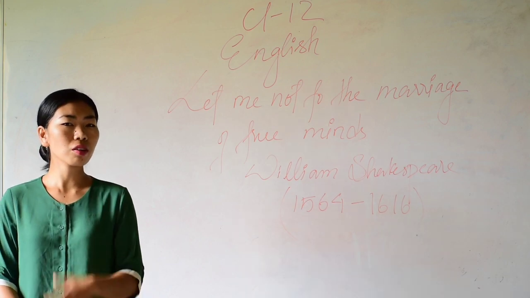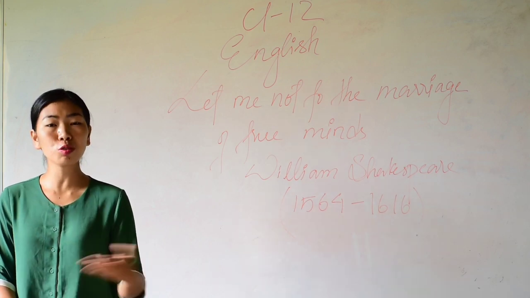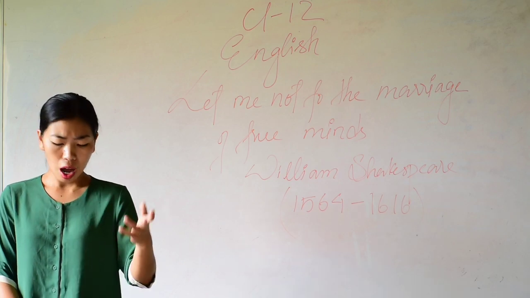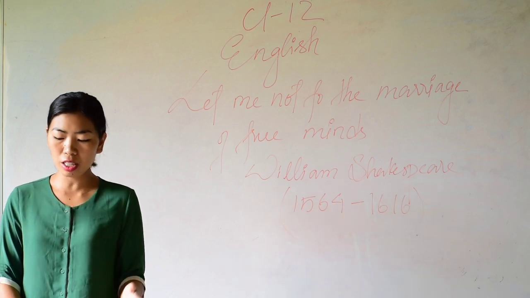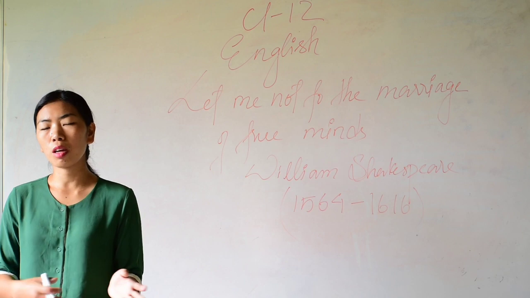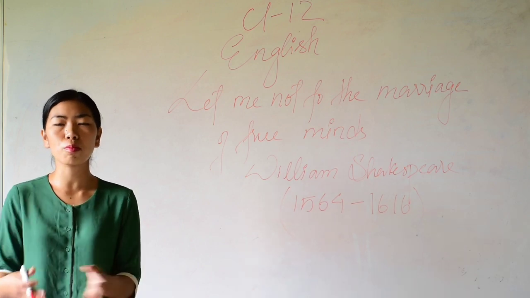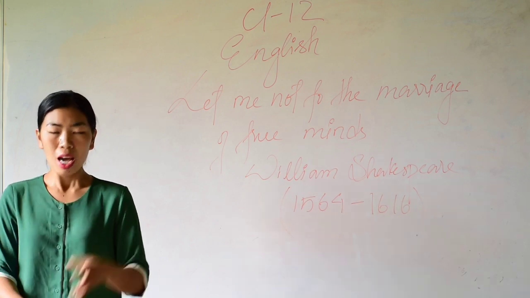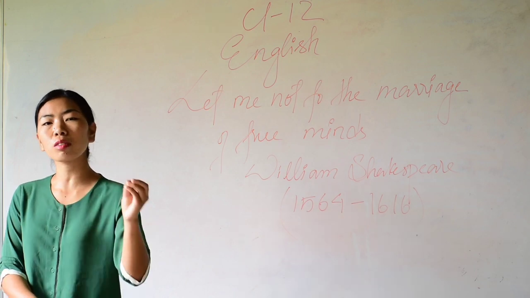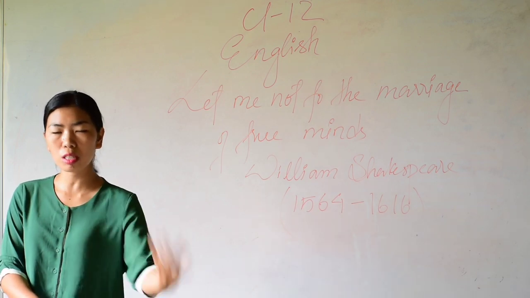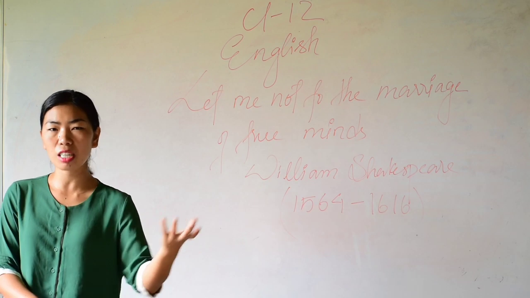True love is not a fool. Here a fool is a jester who runs around the king and tries to make a joke. So true love is not like that.